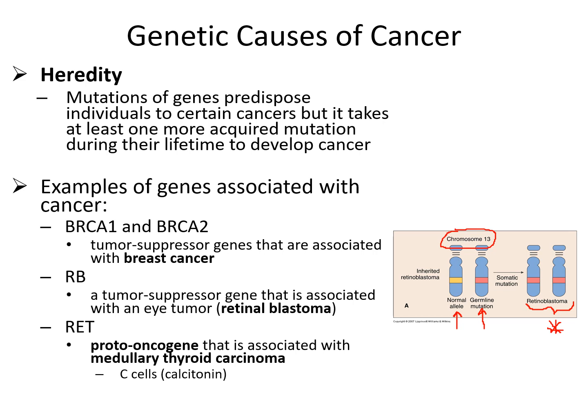Then there's the RET gene, which is different than the other two. The first two are tumor suppressor mutations. This one is actually a mutated proto-oncogene that's associated with thyroid carcinoma, medullary thyroid carcinoma, of the calcitonin secreting cells.